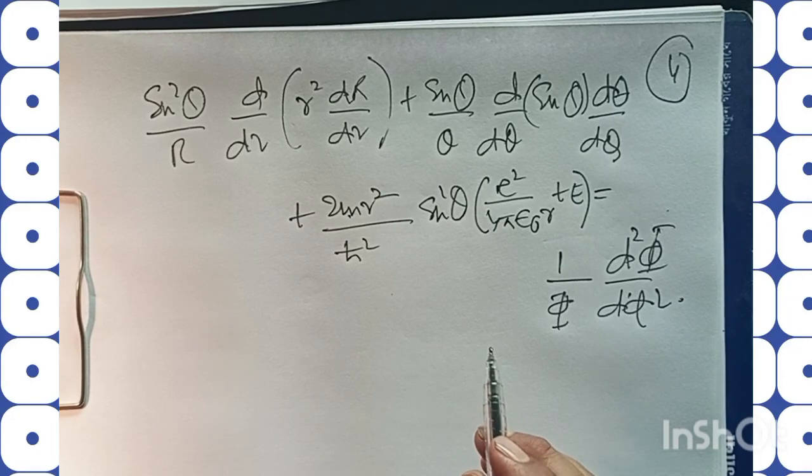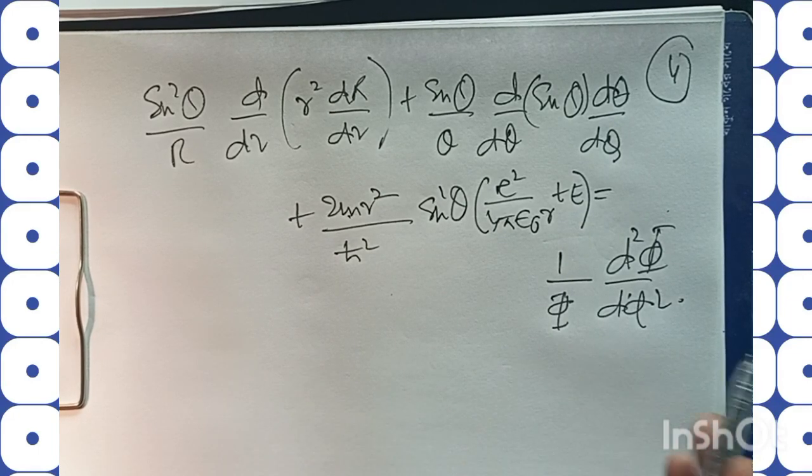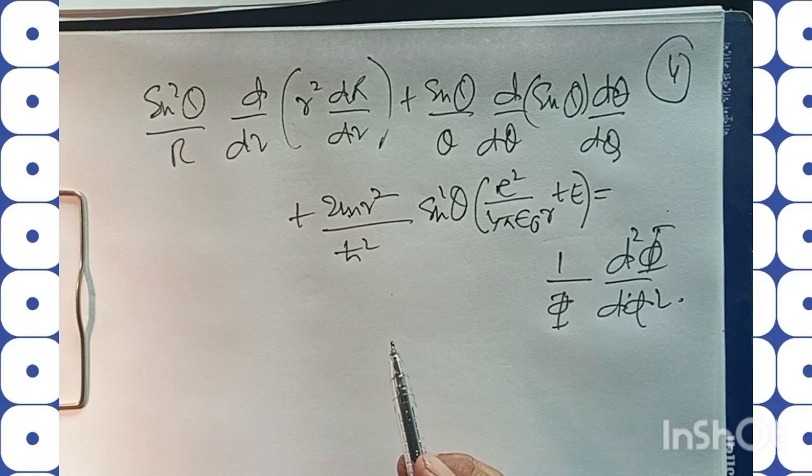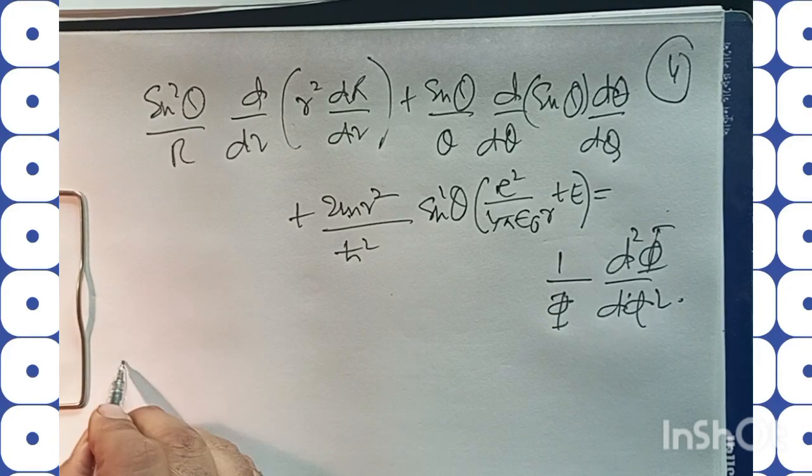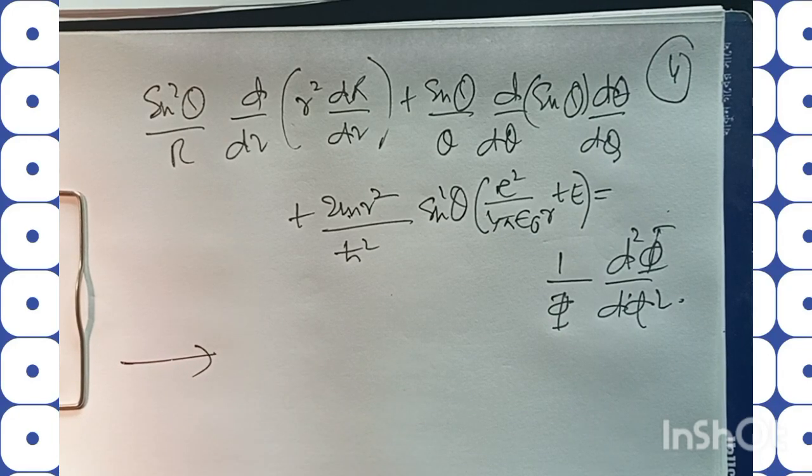Since they are functions of different variables, it is convenient and simple to call this constant, for the sake of mathematical convenience, ml square.